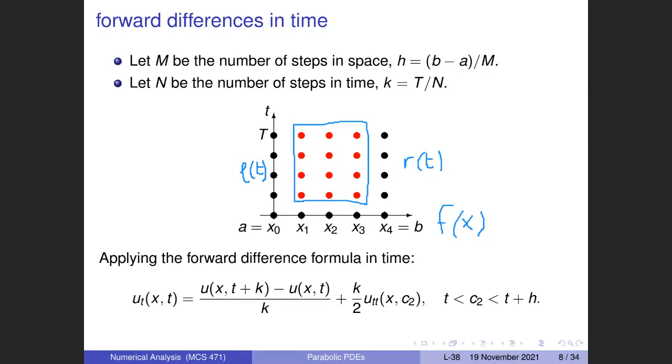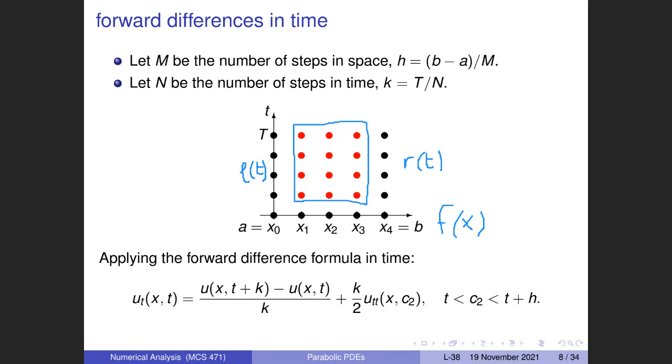On this example here, we have 3 internal points in space. So the M determines the dimension of the system. So the M will be 3. And then we have 4 time steps. So the big N will be 4.